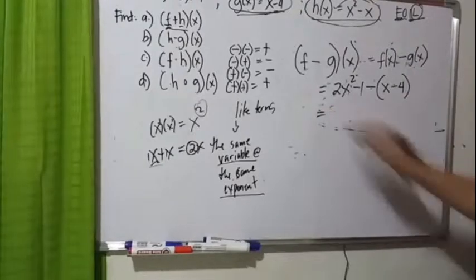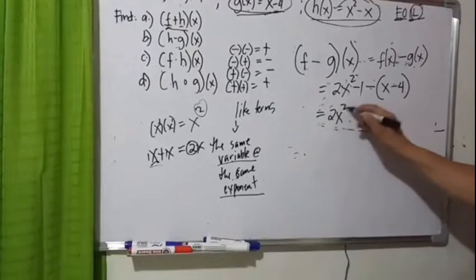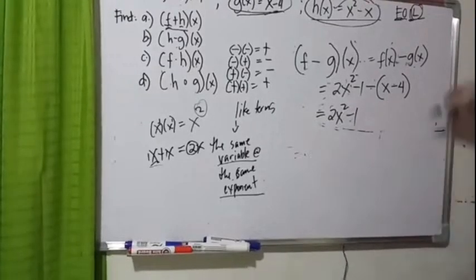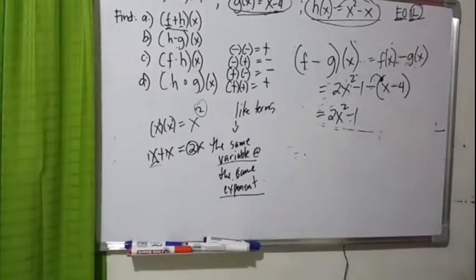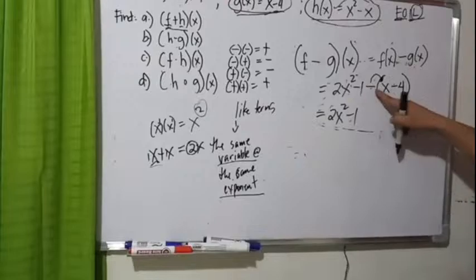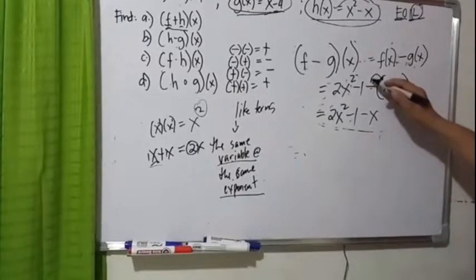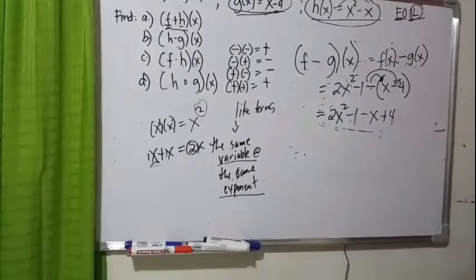So equals, let's copy the first one, 2x squared minus 1. Remember, distribute the negative one by one. So negative times x is negative x. The negative times negative 4 is positive 4.